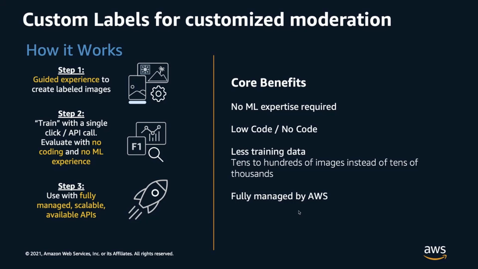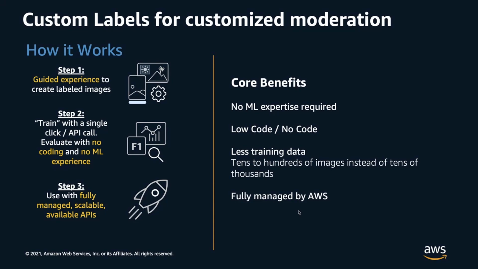Under the hood, we've created techniques so that whatever amount of data you use goes a long way. You get a lot of bang for the buck for your training data, and you use tens to hundreds of images instead of tens of thousands. When the model is trained, you get a fully managed API endpoint that's managed by AWS, and your model is ready to go.